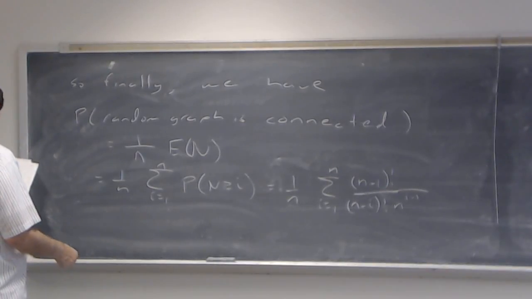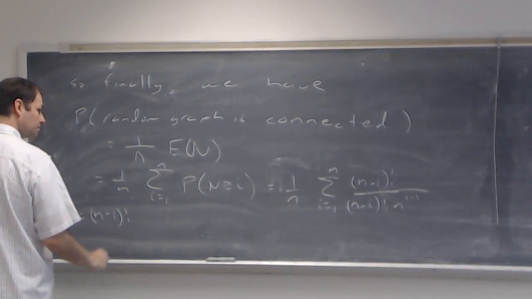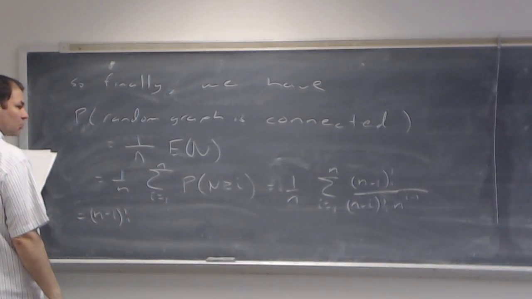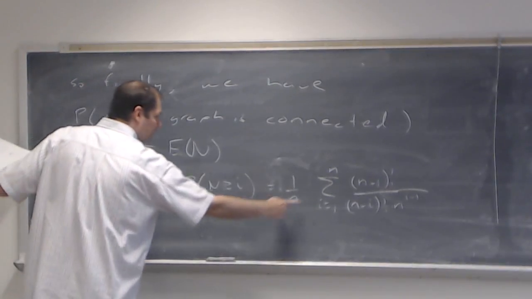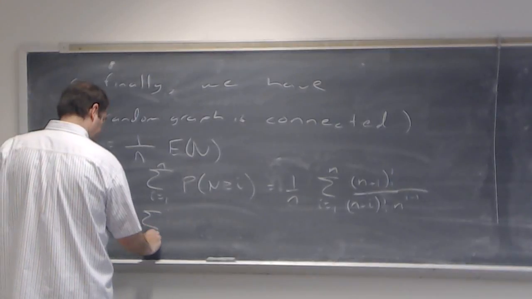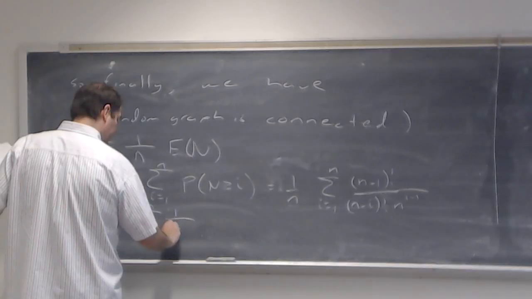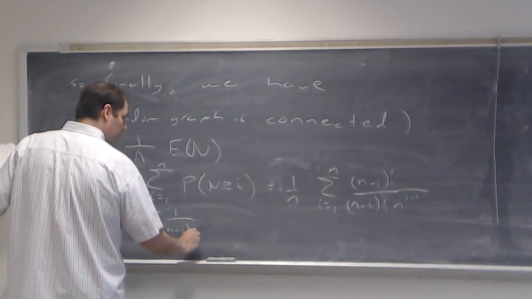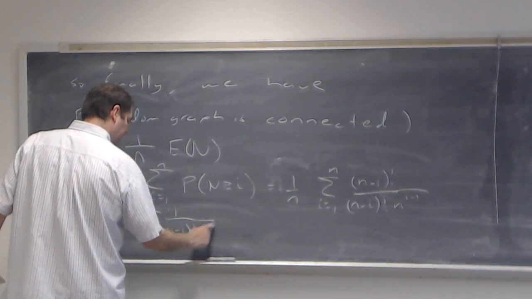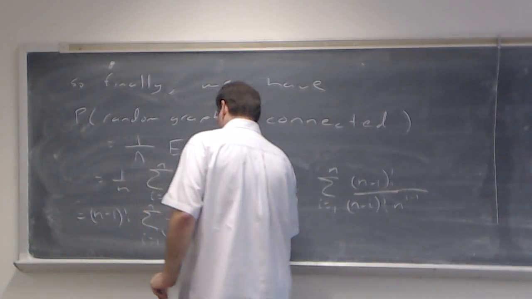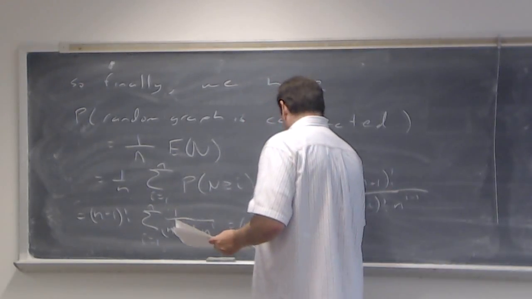We can simplify this a little bit. This is equal to, to match what's in the books, n minus 1 factorial. So that n minus 1 factorial can be brought out. I'll pull in the n that's in the bottom inside that sum. So sum as I runs from 1 to n, here it's 1 over n minus I factorial, n raised to the I. And so this is n minus 1 factorial. And let's expand this.